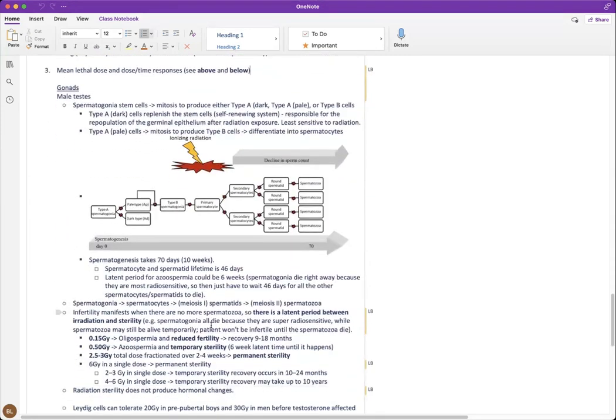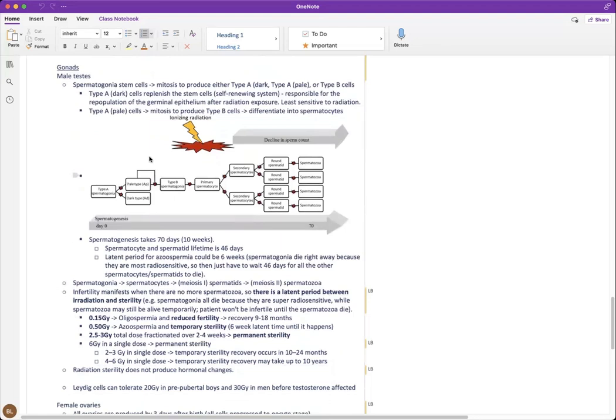Next, sterility. So this is also a popular topic. So gonads, male testes. I mentioned in passing that there's type A spermatogonia and there's type B spermatogonia. Type A is either dark or pale.